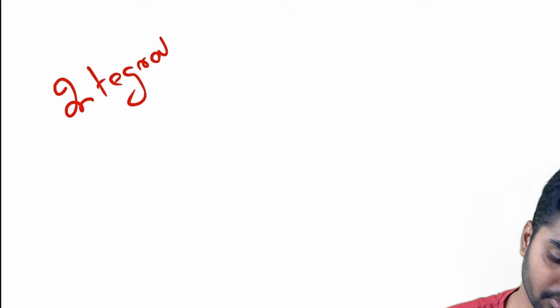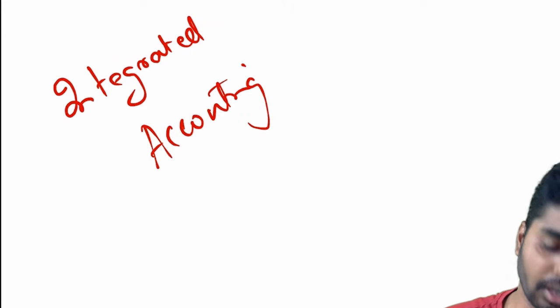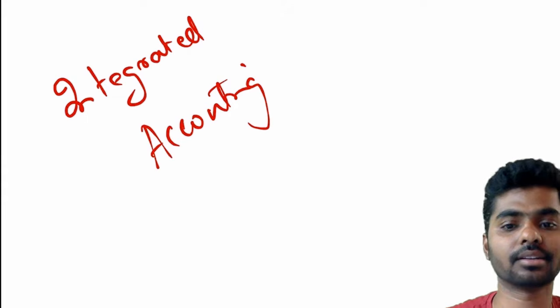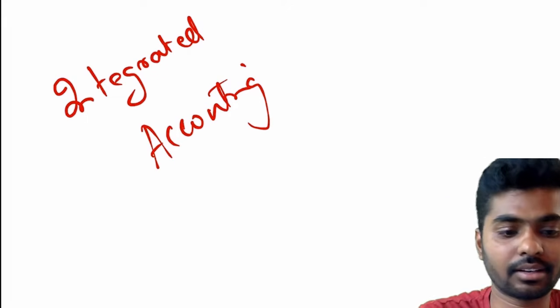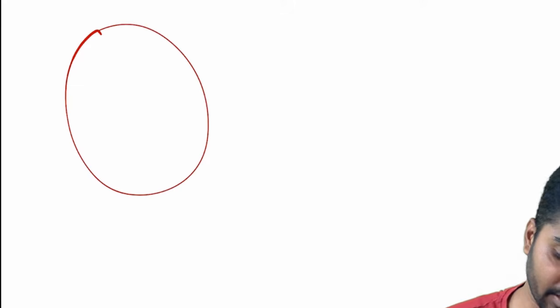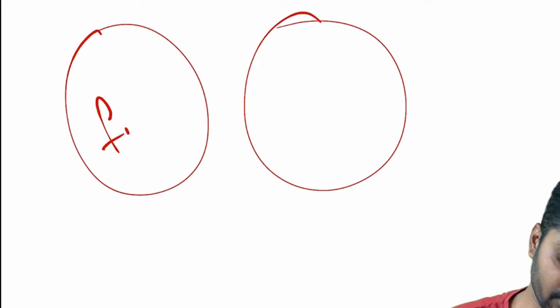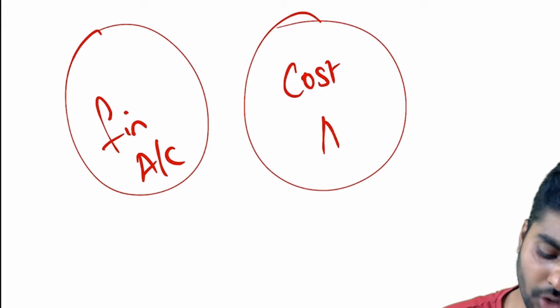So, what we'll be doing today is a topic called integrated accounting. Now, what is this integrated accounting all about? Generally in real life we maintain financial accounting and we maintain cost accounting.